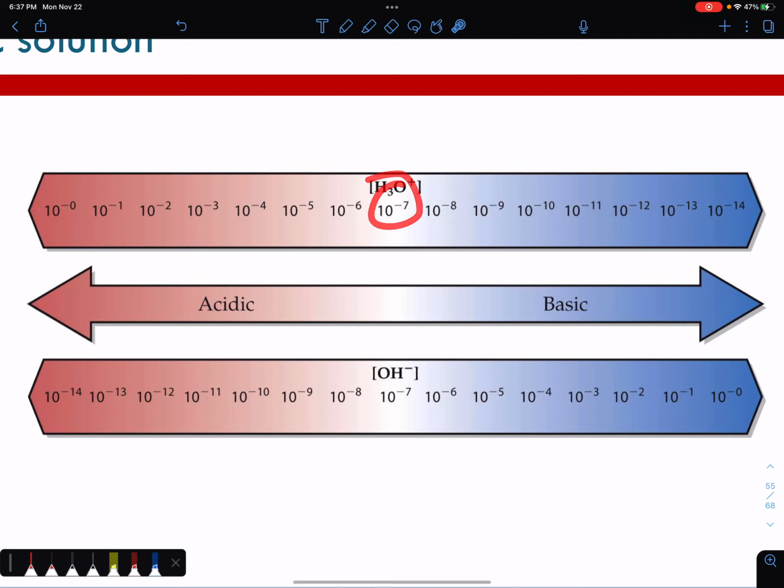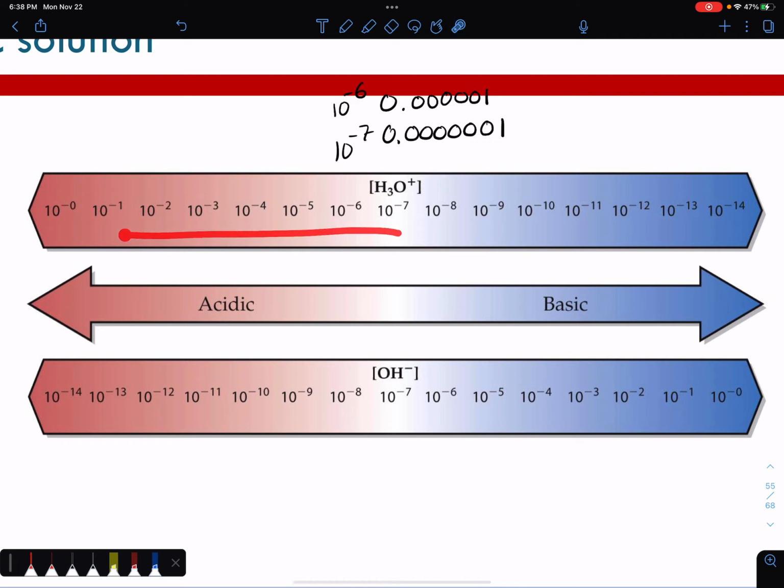This is 10 to the minus 7, so that's 6 zeros before the 1. 10 to the minus 6 is 0.00001, so that's a higher concentration of H3O plus.